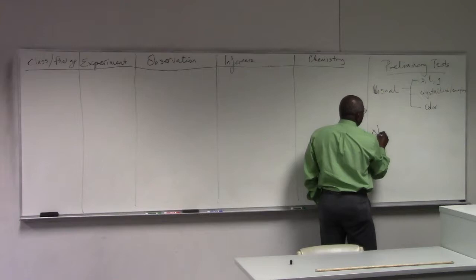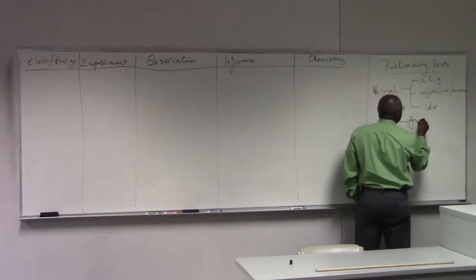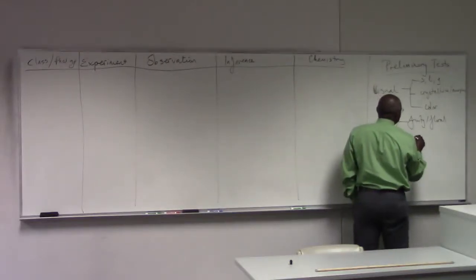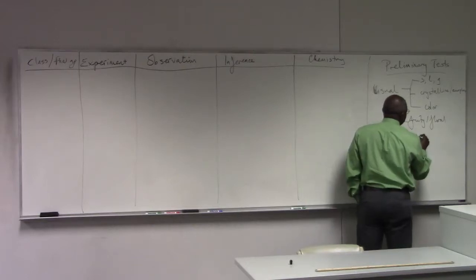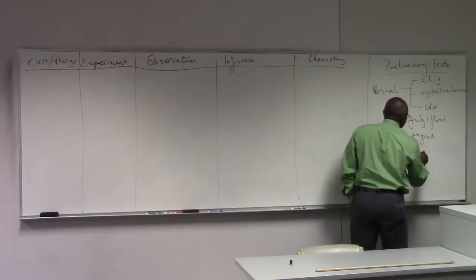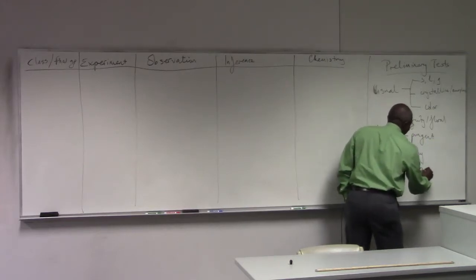Then we do odor tests, and we see if it is fruity or floral. Then we see if it is pungent, and we look for a fishy smell. And then we look for a, let's say, steak.